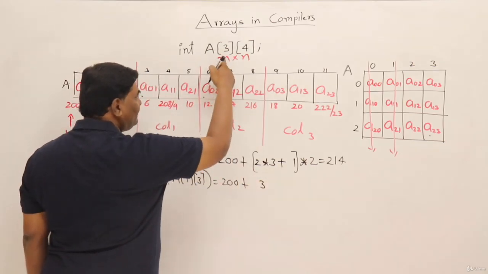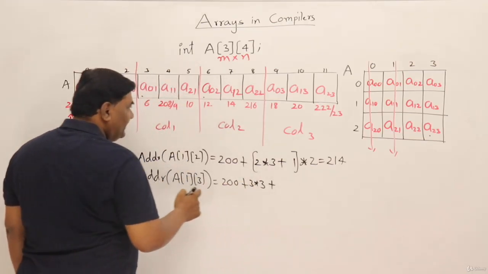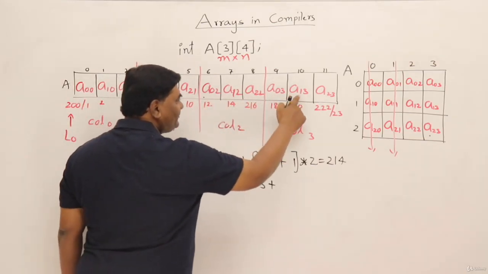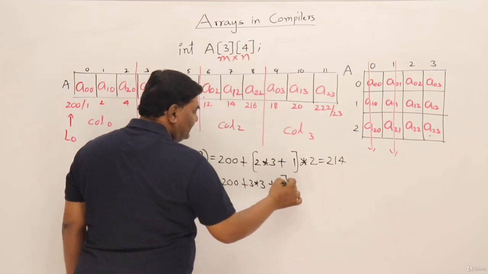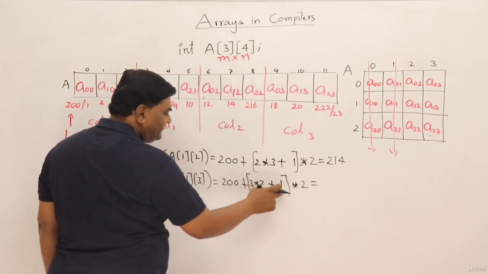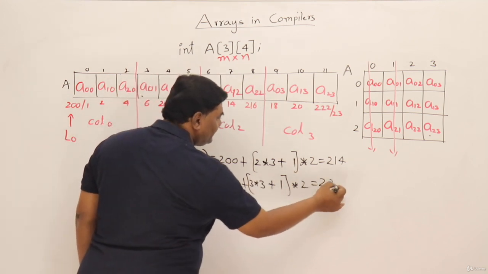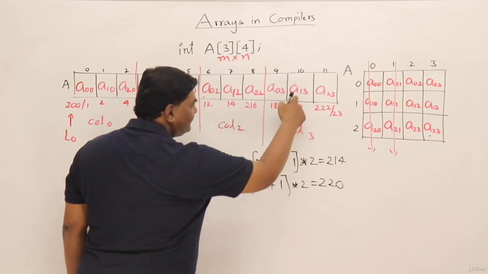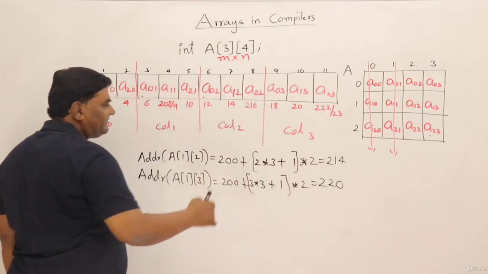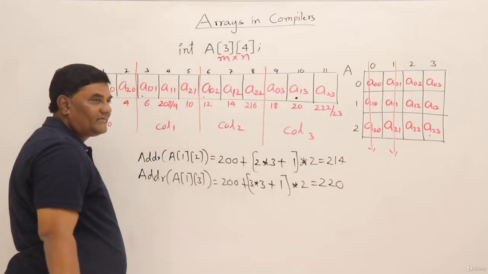There are 3 elements. So this is 3 into 3, plus. Now once I reach here, how many elements should I move forward? Just one element. So this is multiplied by 2: 3 into 3 is 9, plus 1 is 10, into 2 is 20, so 220. This is the address. Yes, 220. The element A of 1,3 is here.